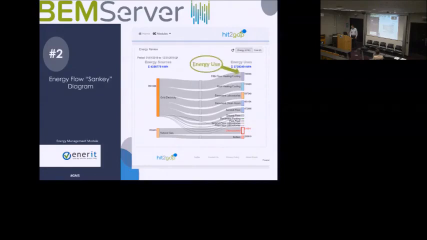Looking then at a particular energy use, what we try to do is identify how much energy is being used in that particular energy use. Now to do that, it can be manually entered, but obviously in a situation like this, you want it to be automatically populated.